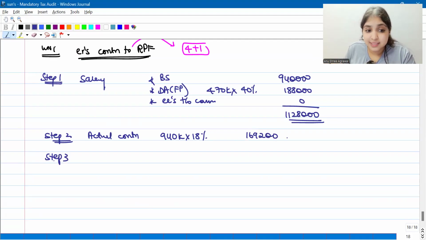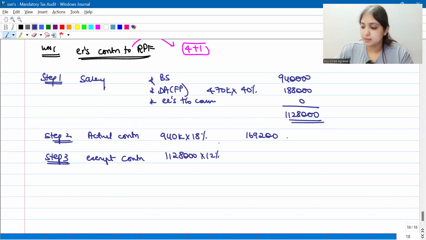Then the third step is going to be the exempt contribution. How much is going to be exempt, guys? 12% of this salary. So 11,28,000 into 12%, which is 135,360. This is exempt. So obviously step 4, what's going to be the taxable contribution?